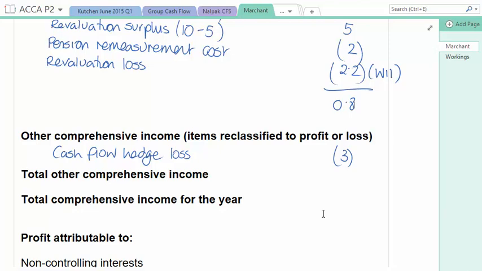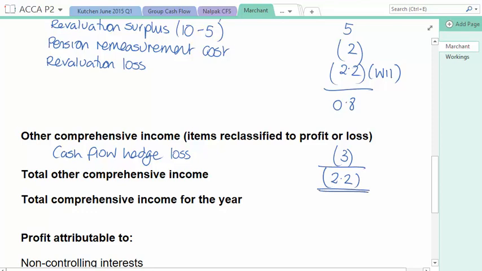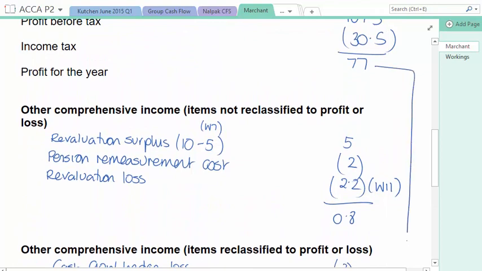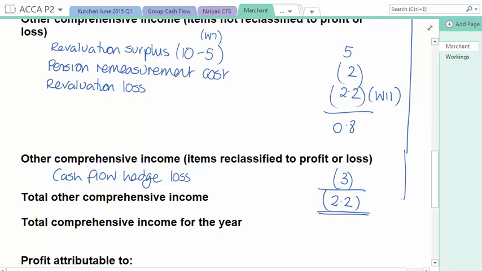So overall, 3 minus 0.8. We've got total other comprehensive income comes out as minus 2.2. So our total comprehensive income is the 77 minus the 2.2. Gives us a figure of 74.8.